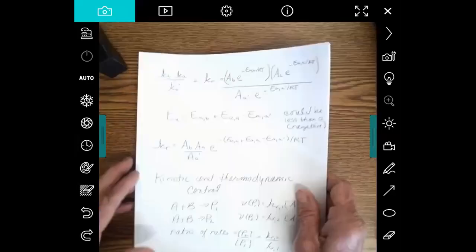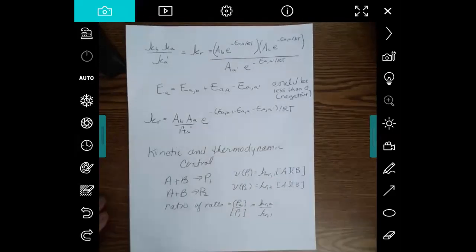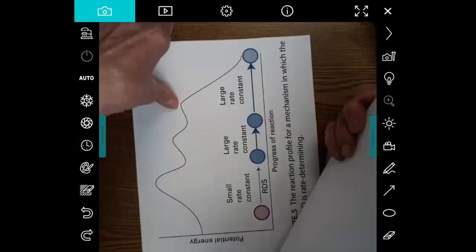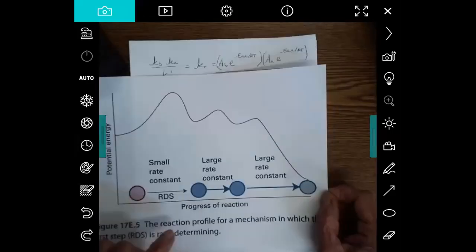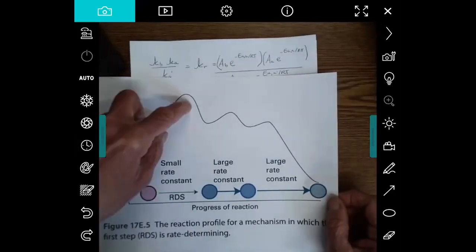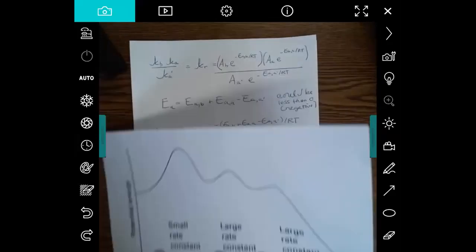So, okay, how can some reactions end up looking like they have negative activation energies? If we look at this, it's really going to be a matter of the relative activation energies for different steps.